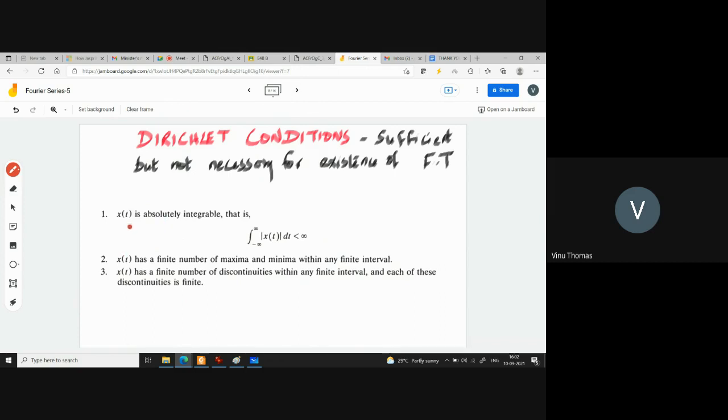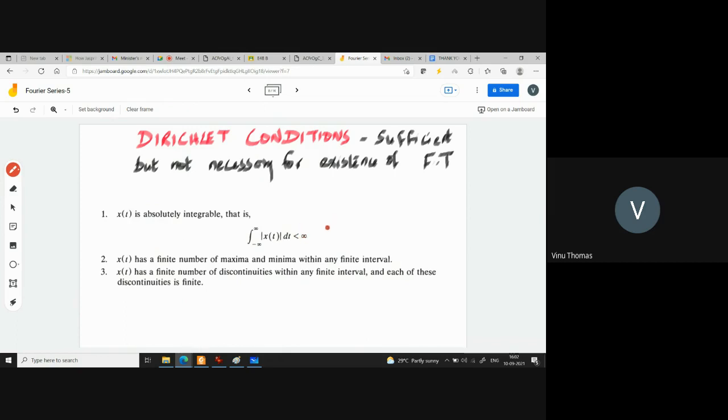So the Dirichlet conditions are three in number. The first one is x of t is absolutely integrable. Previously, we had written that one cycle of x tilde of t is absolutely integrable for the Fourier series. So here we write x of t is absolutely integrable, which means integral minus infinity to plus infinity modulus of x of t dt is less than infinity.